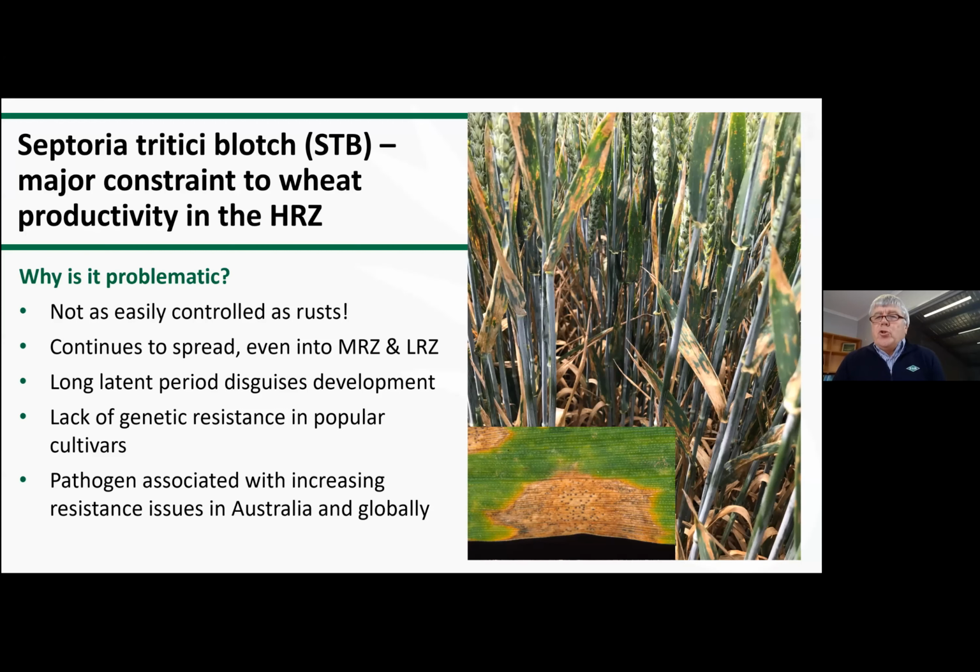Now, sure, it does need that wet weather, but we think that susceptible varieties and probably a move to earlier sowing is encouraging that move of Septoria Tritici into some of those other rainfall zones outside of the HRZ.